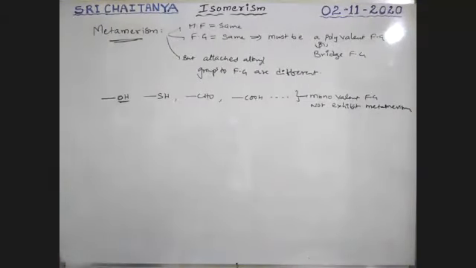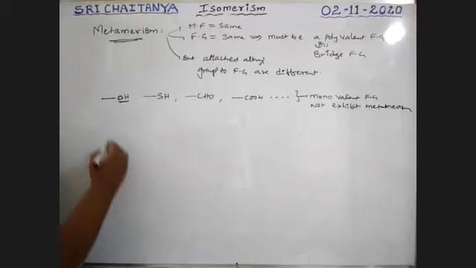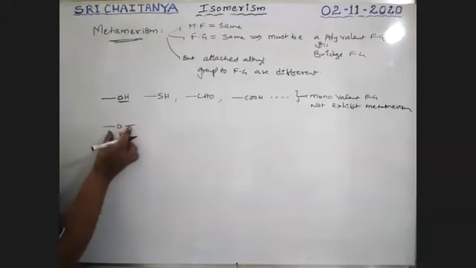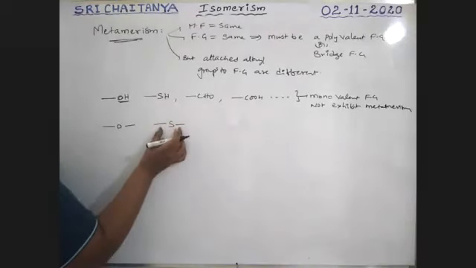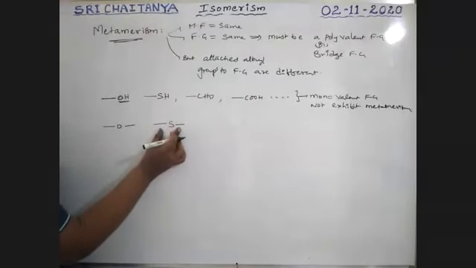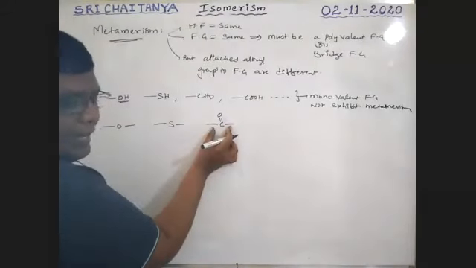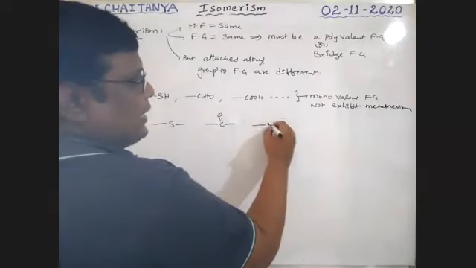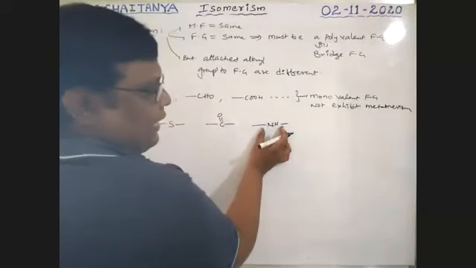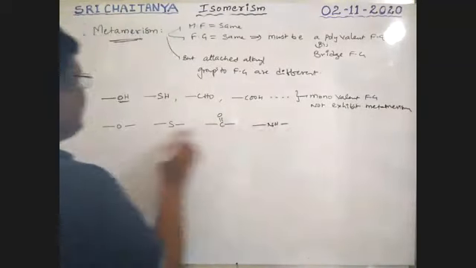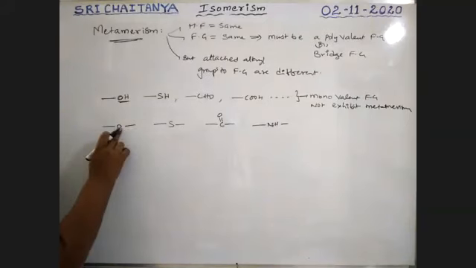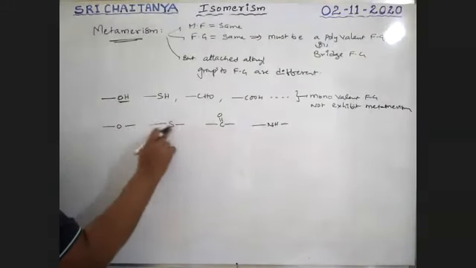But what is polyvalent? Polyvalent means, see here, O, two valency is there. It is divalent. That is S, it is a thioether, divalent. C double bond O, divalent. Next, NH, secondary amine, divalent. Boys, here the alkyl group is attached to oxygen, alkyl group attached to sulfur.